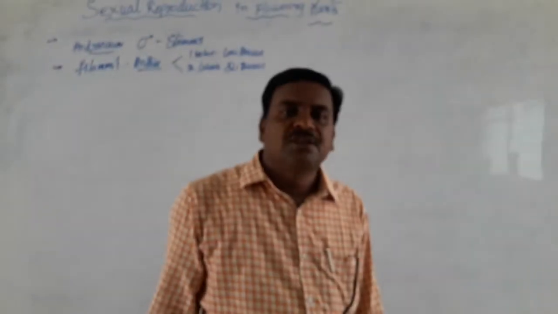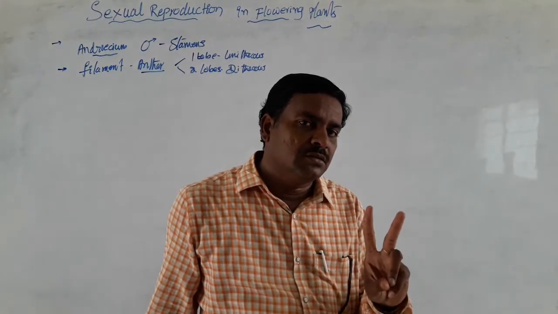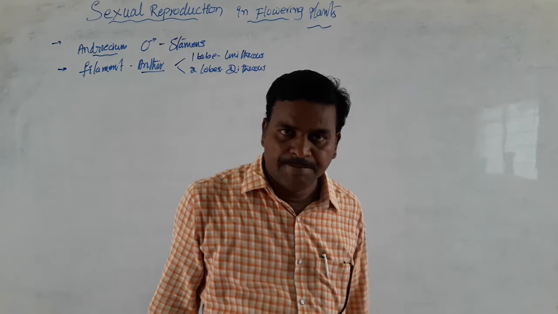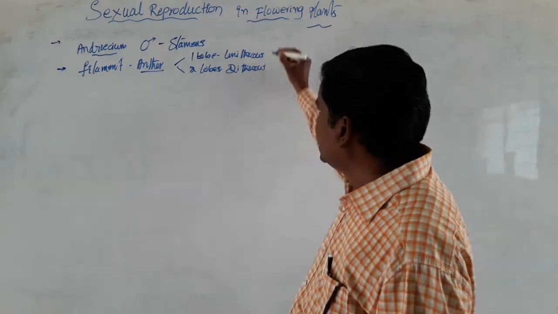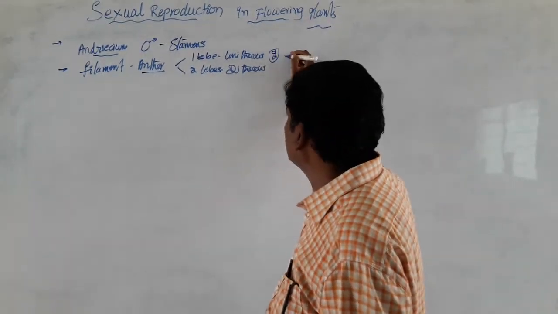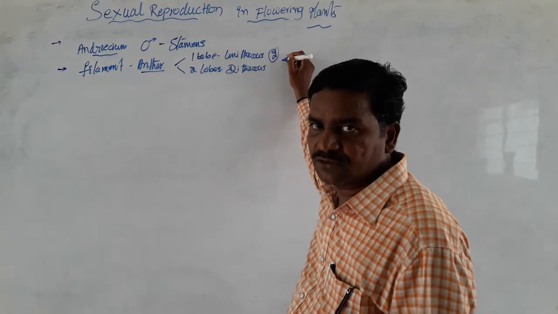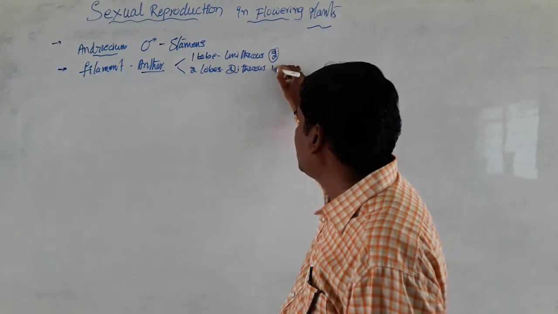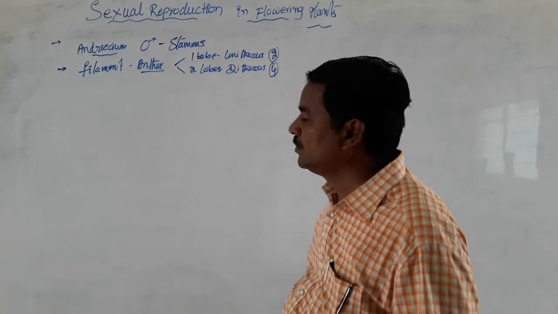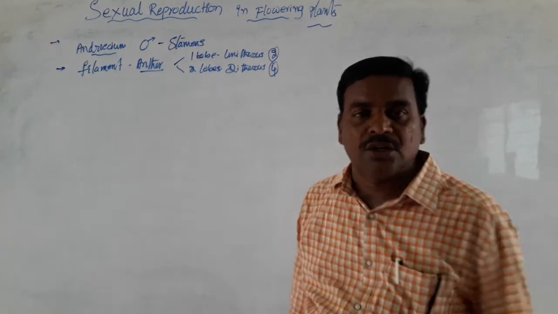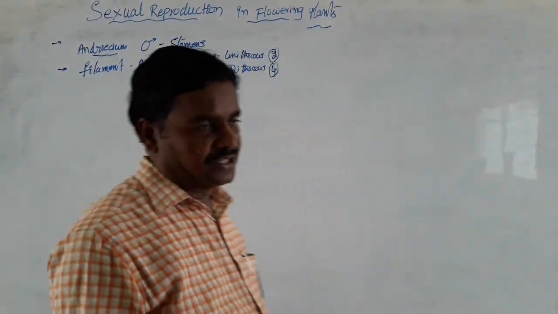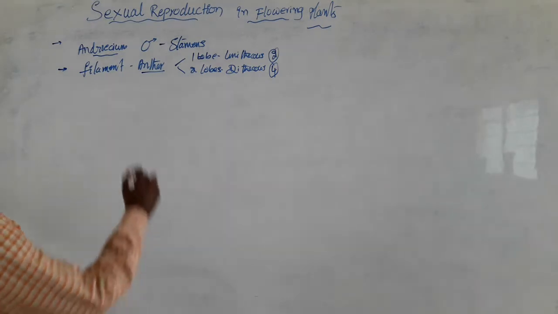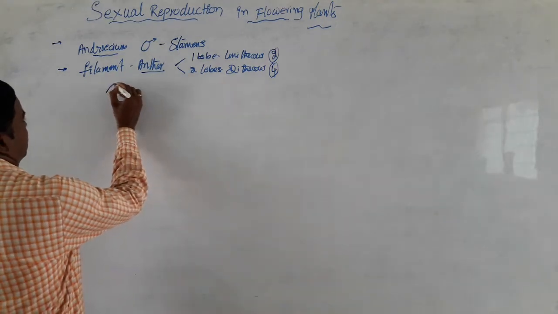Every lobe consists of two microsporangia. So, in a monothecous anther, two microsporangia are present because only one lobe is there. But in a dithecous anther, total two lobes are there, 2 into 2, total 4 microsporangia are present.